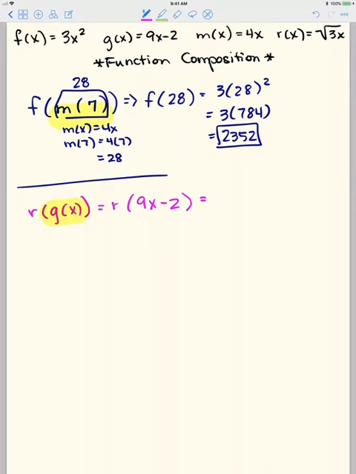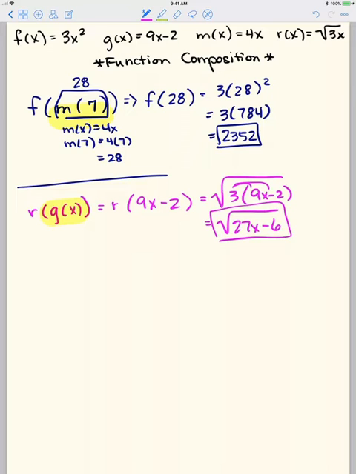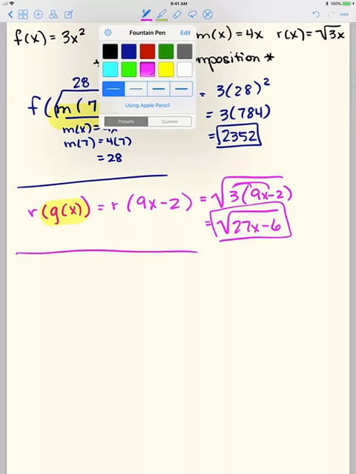So instead of r being the square root of 3x, it's now going to be the square root of 3 times 9x minus 2. If you distribute that 3, you get that that's the square root of 27x minus 6. There's nothing to really simplify there. They have a factor of 3, but it doesn't square root, so that would be your final answer for r of g of x.